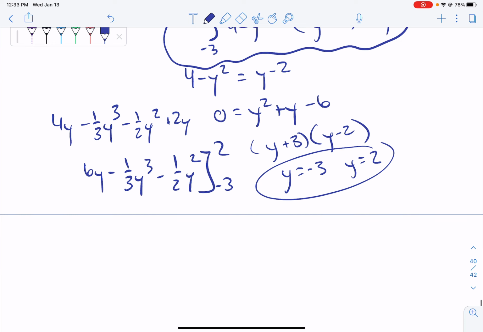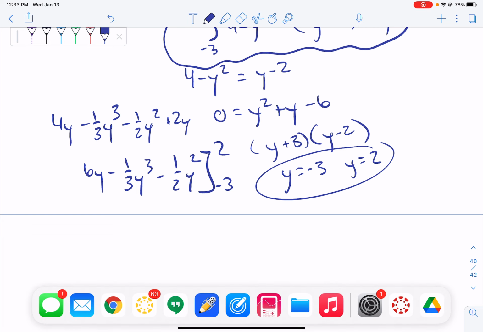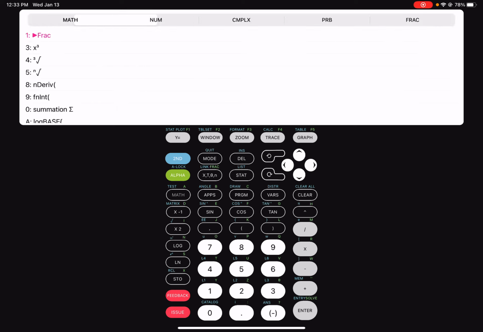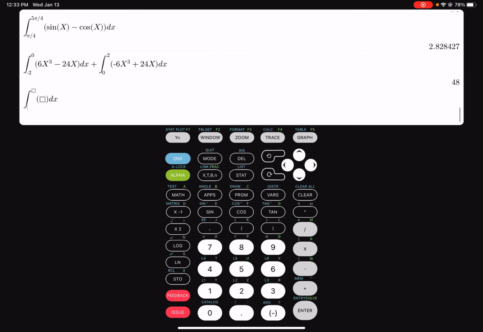Or, guess what, guys? Our calculator doesn't know the difference between x's and y's. So on my calculator, if I go to math, integrate, I'm going to go from negative 3 to 2. And instead of putting a y dy, I'm going to keep using x's because it's just a variable. I know what it represents.